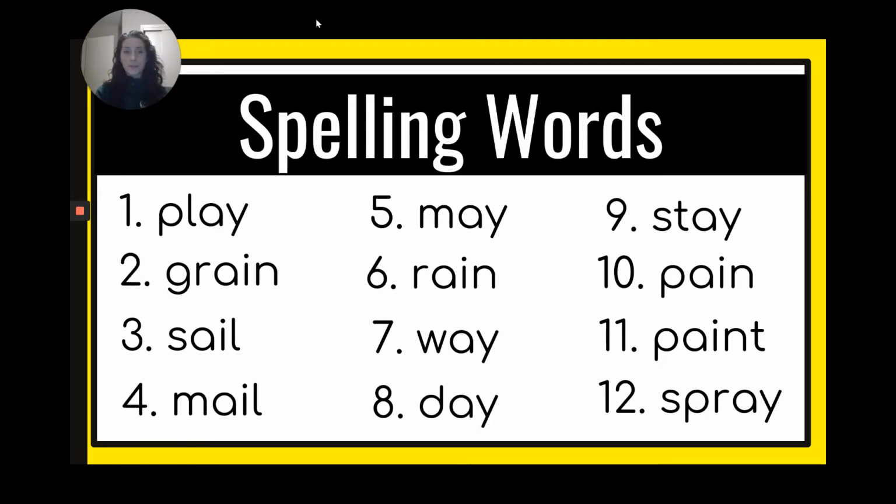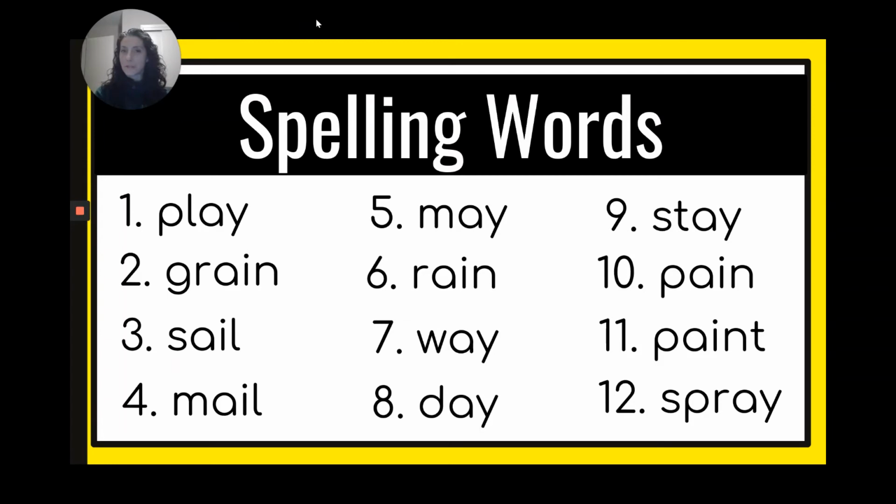Number 7 says way. That way means direction, right? Like a one-way street would mean a street that goes in one direction. Which way to the store? Which direction to the store? There's another way, which is W-E-I-G-H.